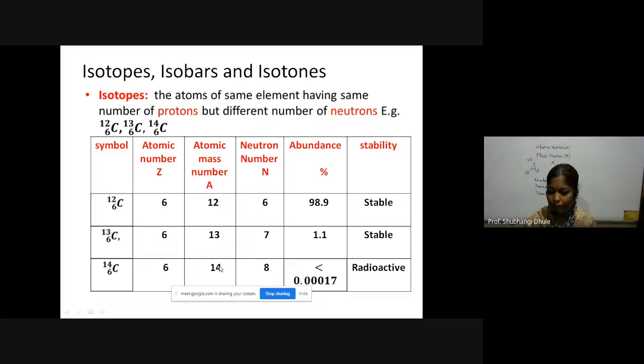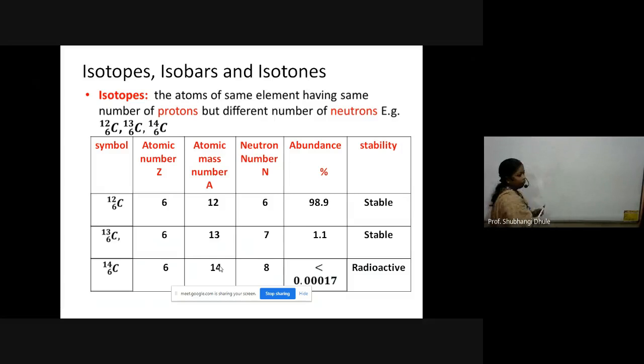There are other examples of isotopes as well, for example hydrogen. Hydrogen exists in three isotopic forms: hydrogen, deuterium, and tritium. All of these have different numbers of neutrons. Hydrogen contains only one proton and one electron.